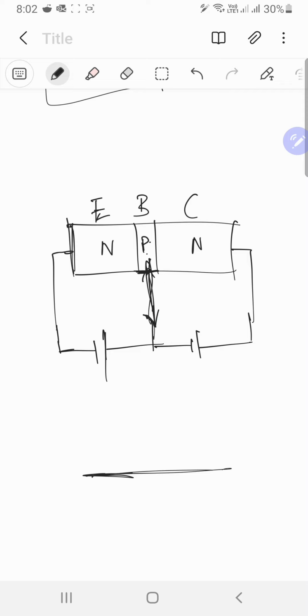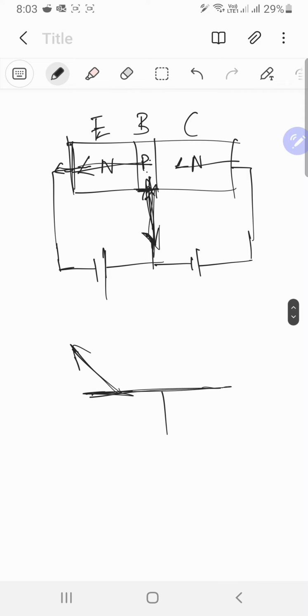Because electrons are flowing like this, current is flowing the opposite way. So from the emitter, current is flowing out, and we symbolize it like this. This thing is the base, which is connected to some voltage over here, some ground or whatever.